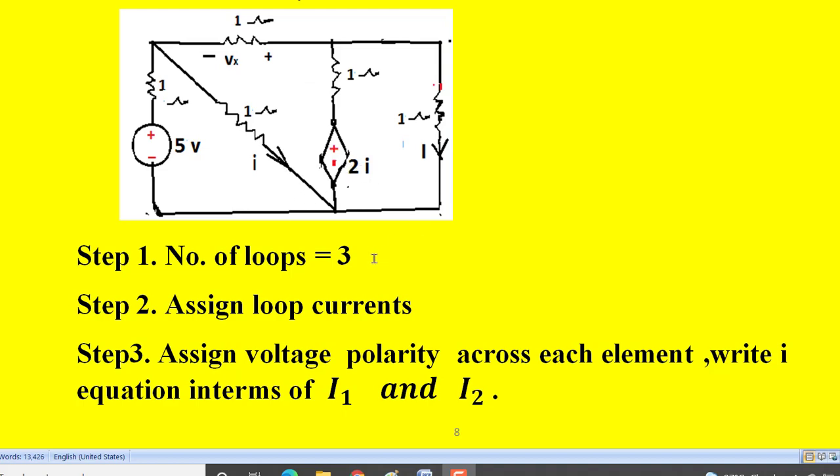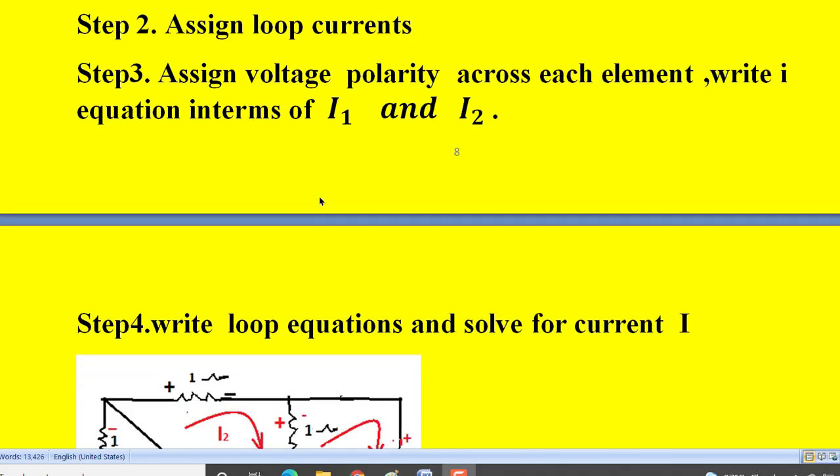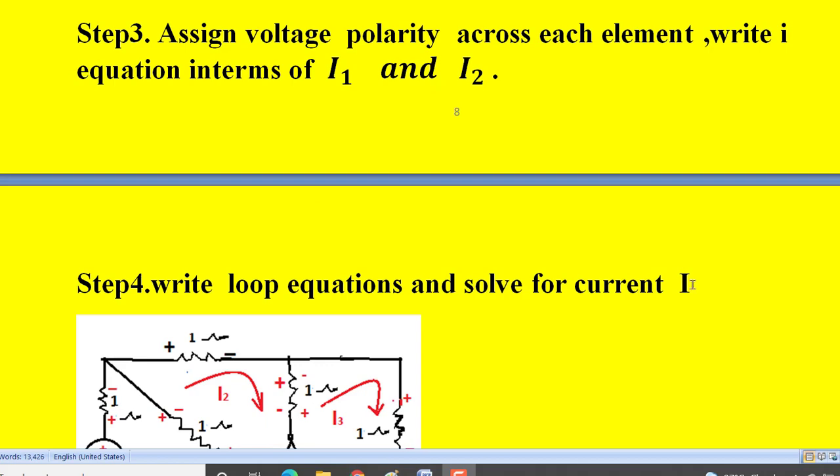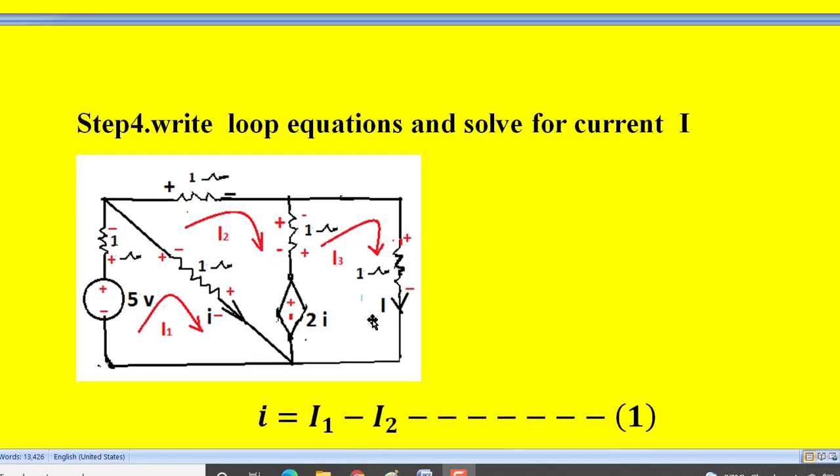Then write the equation for small I in terms of the loop currents I1 and I2. The fourth step is to write the loop equations and solve for the current I. So these are the 4 steps to be followed to solve this problem.